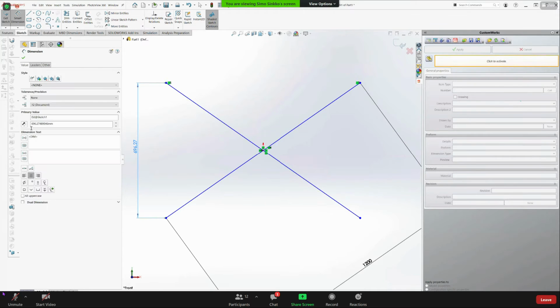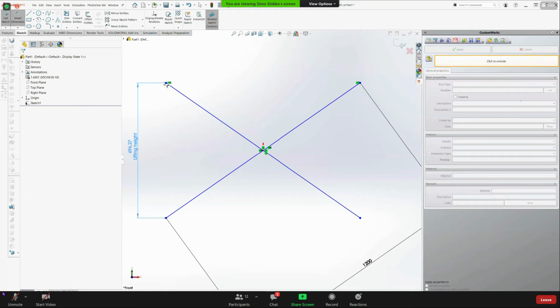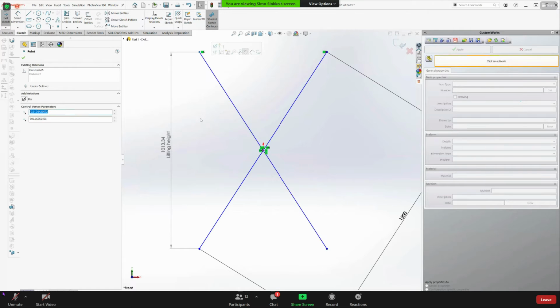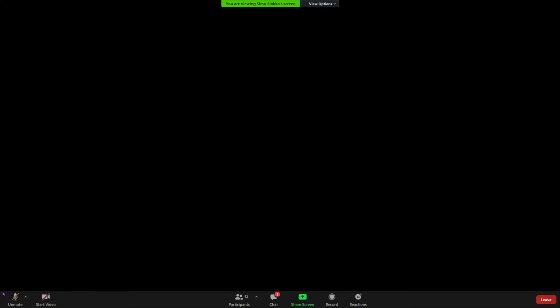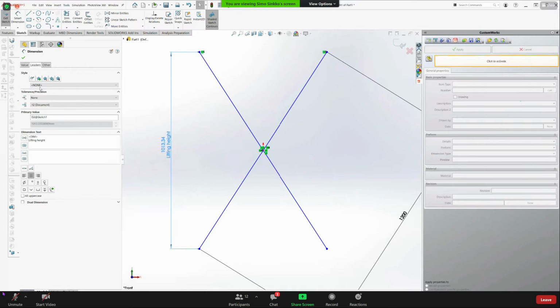And in addition to this dimension, this lifting height would be visible like this. And now this number changes depending on the position of the lift.